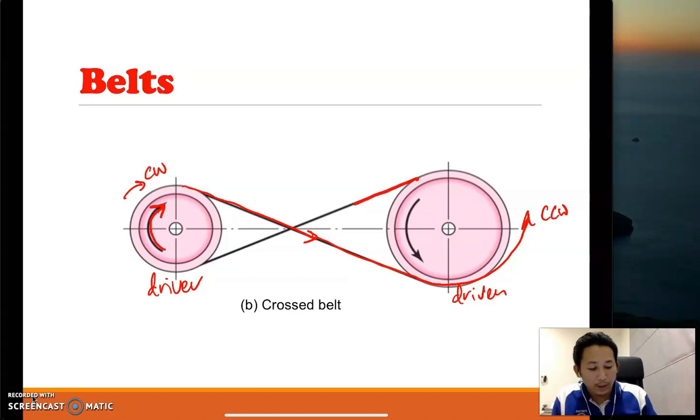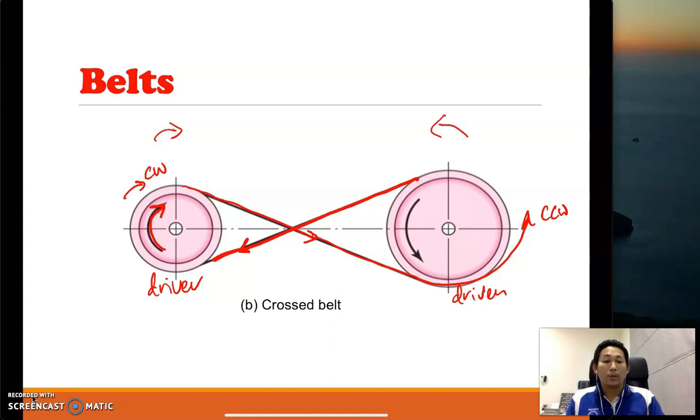So we can see that the driver is in the clockwise direction, while the driven is in the counterclockwise direction. We use this if we want to have the opposite direction of rotation for our shaft. Okay.